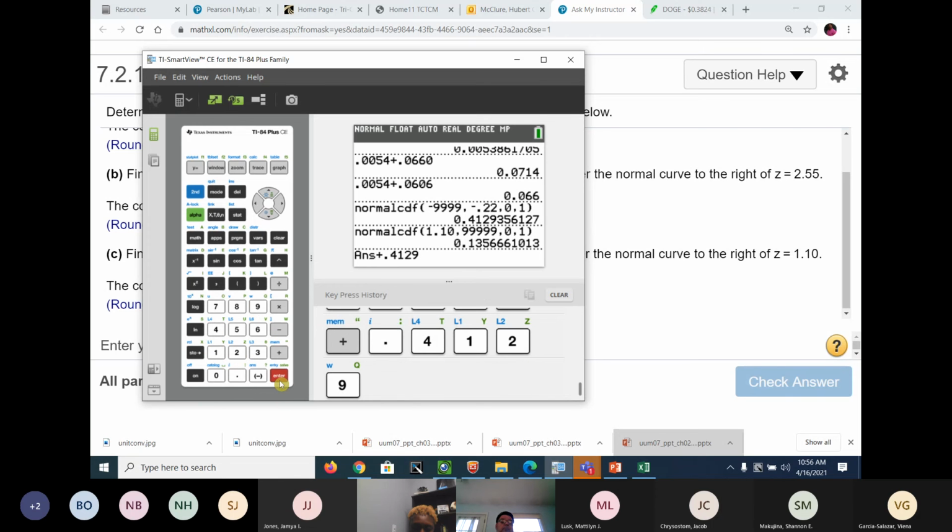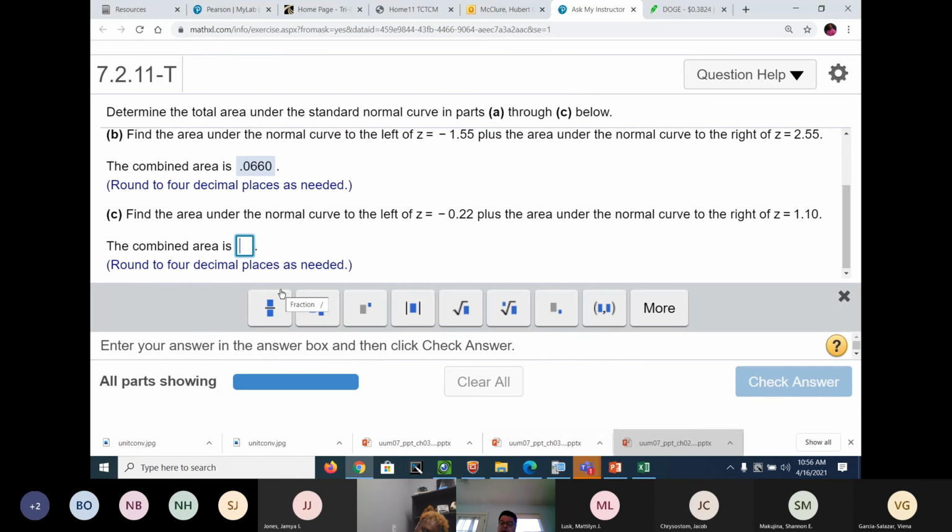I got 0.5486. Let's see if it's right. 0.5486.